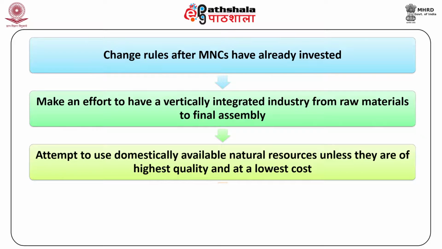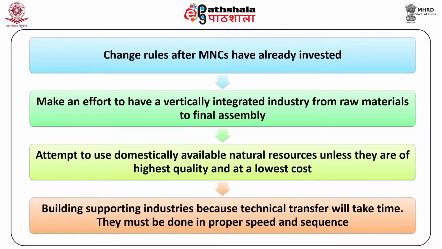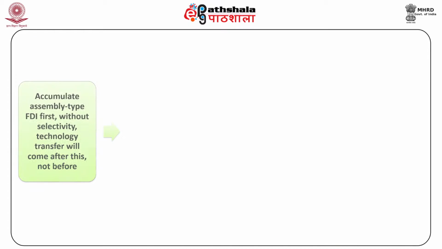Third, attempt to use domestically available natural resources unless they are of highest quality and at a lower cost. Fourth, build supporting industries, because technology transfer will take time. This must be done in proper speed and sequence. Fifth, accumulate assembly-type FDI first without selectivity. Technology transfer will come after this, not before.